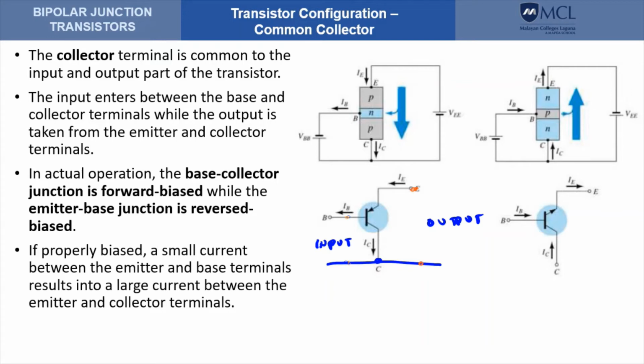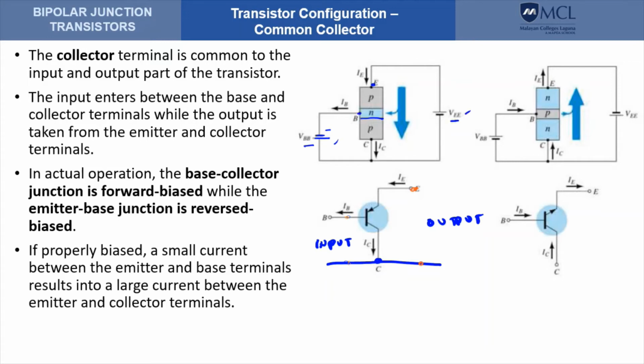Again, in actual operation, the base collector junction, which is this one, is actually forward biased by a voltage, and the emitter base junction is reverse biased.